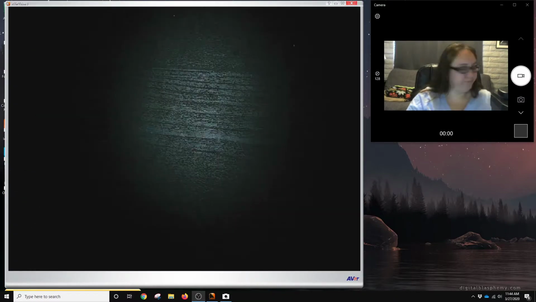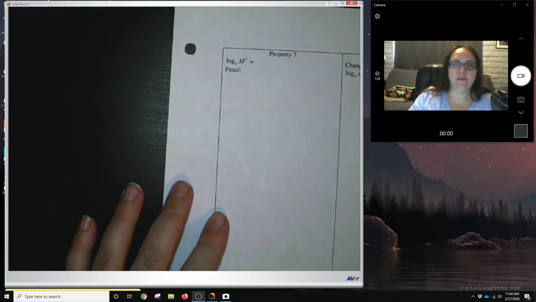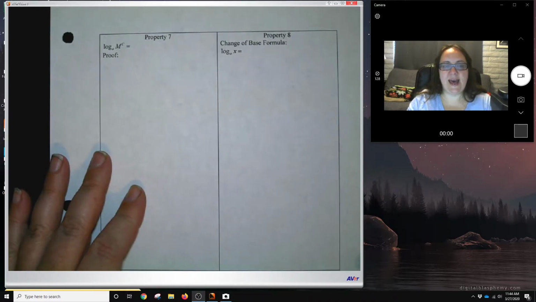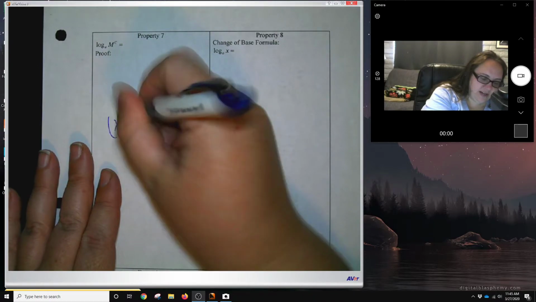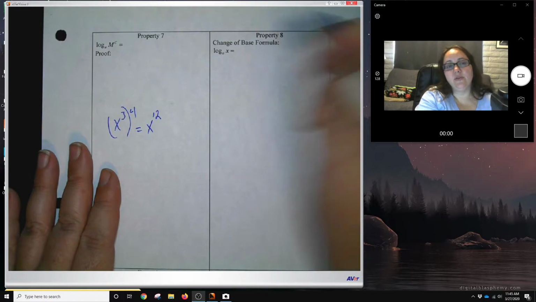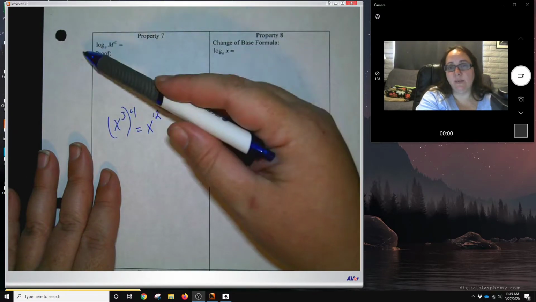Cool. All right, one more new property. This rule is that when I have a power to a power, x to the 3 to the 4, I multiply. So the rule is that when I have a log of something to an exponent, that exponent becomes a multiplier.